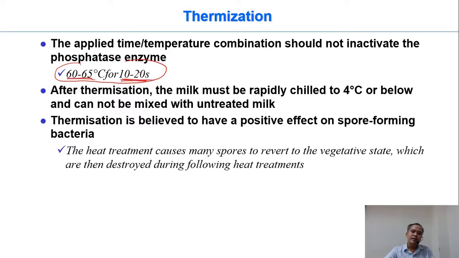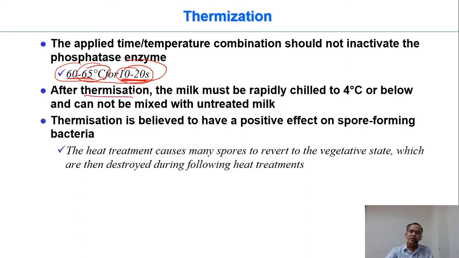Is it carried out before or after packaging? Before. This is just an intermediate step, so of course you should not pack before you do. So you do it with a heat exchanger when you can still pump the liquid milk, and the temperature is 65. The time is also not too long.